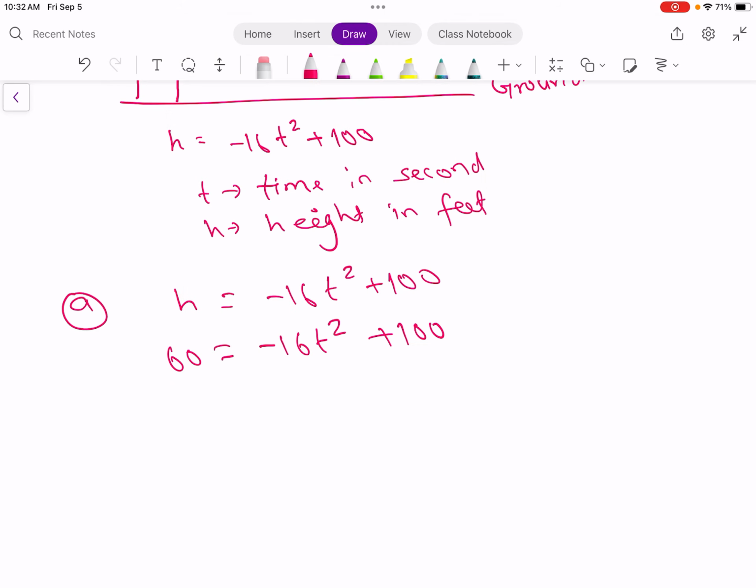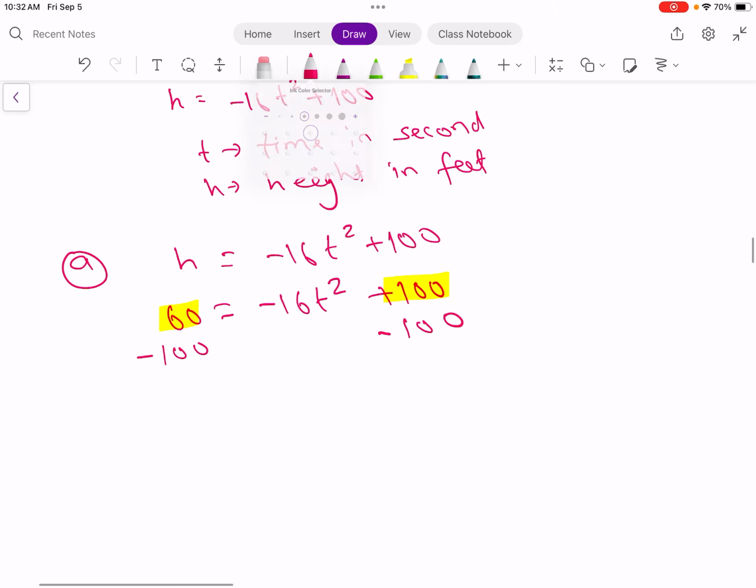You can factorize, you can use the quadratic formula, or you can use the completing the square method. Let's subtract 100 on both sides. 60 minus 100 is negative 40 equals negative 16t squared.